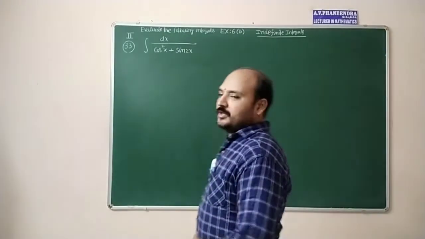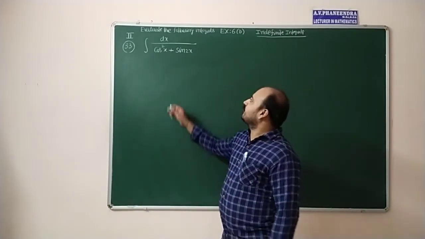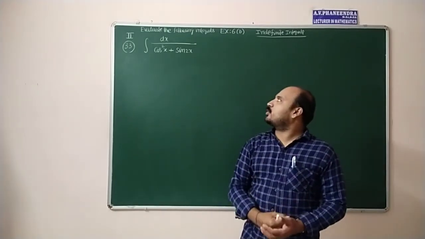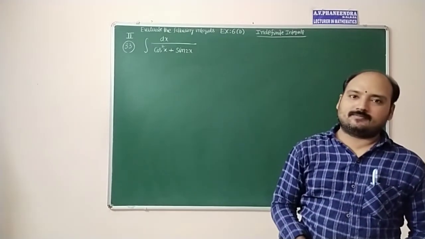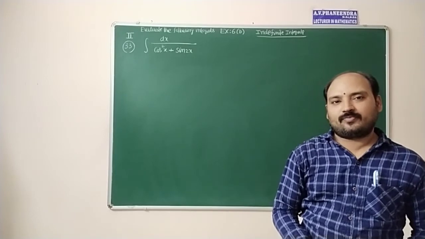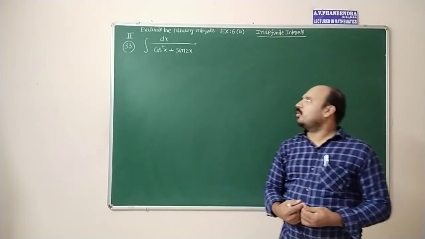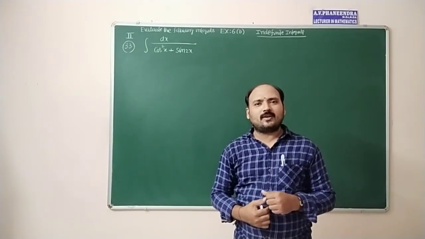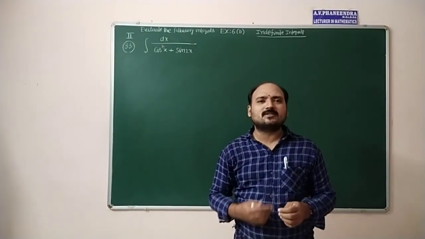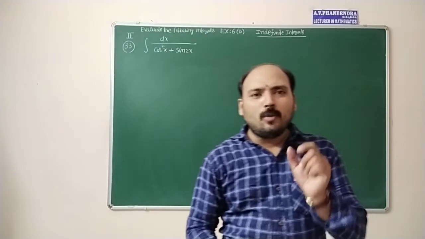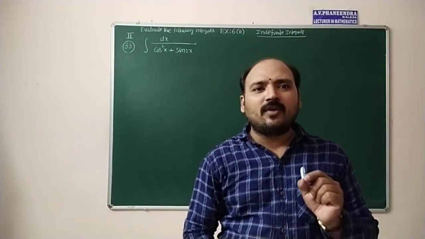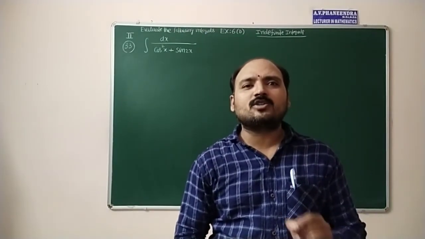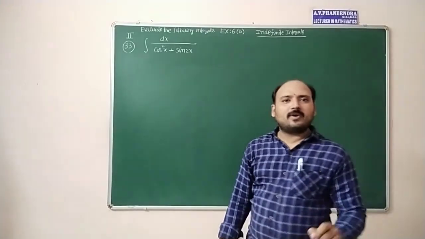So next question. Integral dx by cos square x plus sin 2x. Whenever cos square and sin 2x terms are there in the given integral, dividing numerator and denominator by cos square x, you have to remember that.